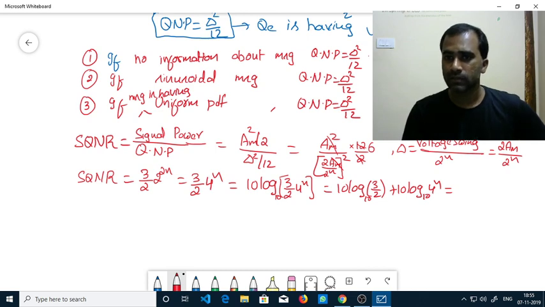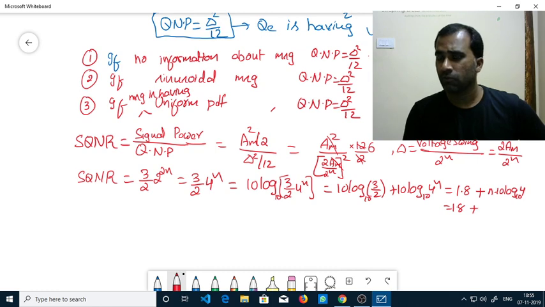Right, this is equal to 10 log 3 by 2. If you use the calculator and calculate, it becomes 1.8 dB plus. The n comes out, it becomes n times 10 log 4 to the base 10. So this is equal to 1.8 plus. 10 log 4 to the base 10 is 0.6. 0.6 into 10 is 6.